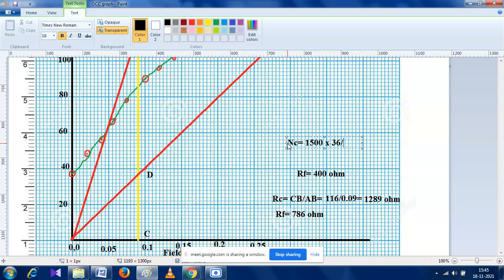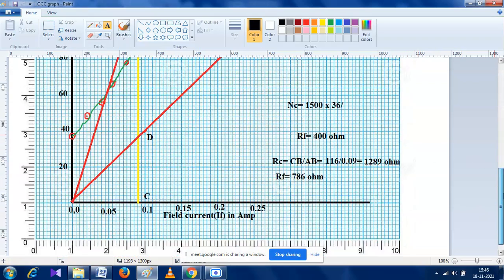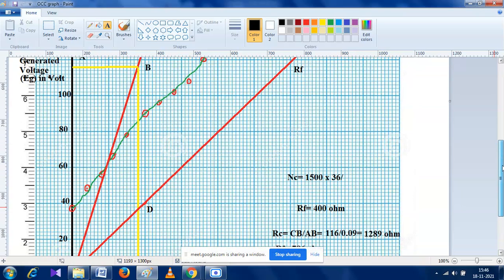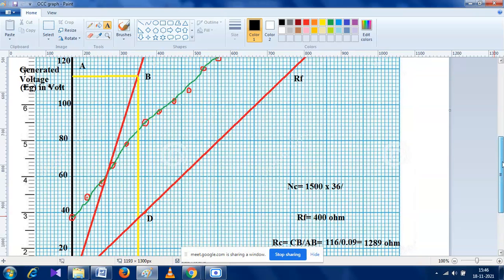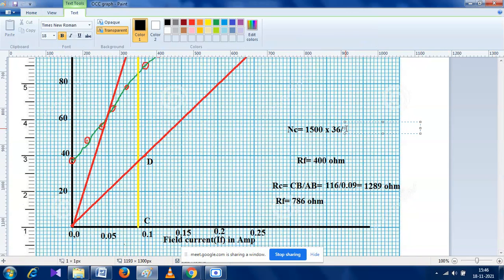Divided by the value of CB, which is 116. Wait, 116.